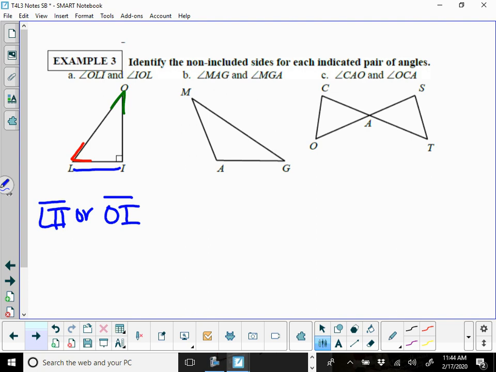Okay, same thing here. We've got angle MAG, which is this angle here, and angle MGA, which is right here. So included would have been your AG, so non-included are going to be MA and GM. They only touch one angle or the other, not both.